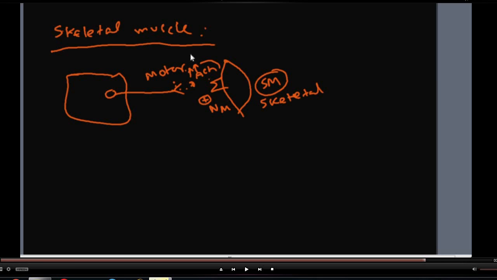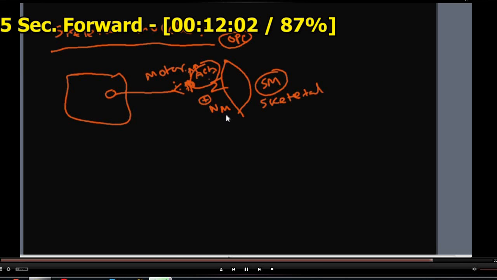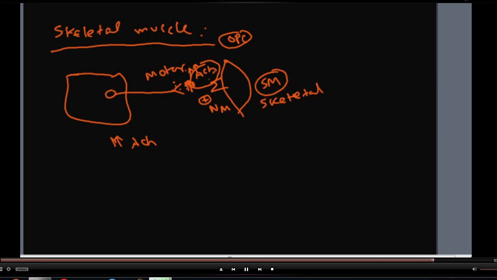In OPC poisoning, acetylcholine cannot be metabolized, so excess acetylcholine will accumulate in the synapse, and this excess acetylcholine first leads to stimulation of the NM receptor, and stimulation of this NM receptor leads first to fasciculation and twitching and slight contraction of the muscle.